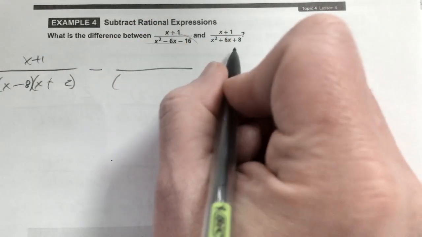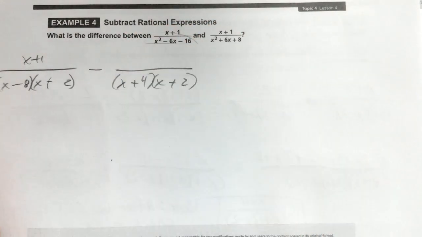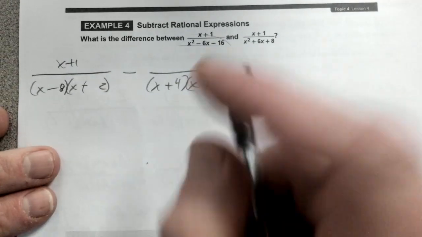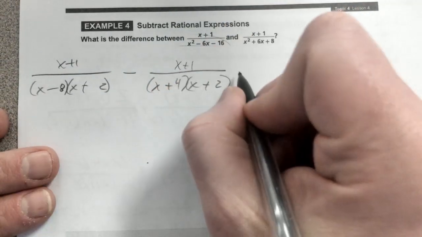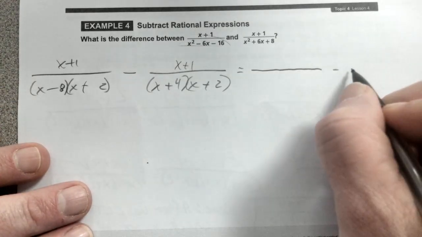All right, cool. Minus, all right, so this time we have subtraction. Minus, what are we going to get for our factors here? 4 and 2, same sign, both positive. All right, okie dokie. Now we can figure out our common denominator. So we have something minus something.